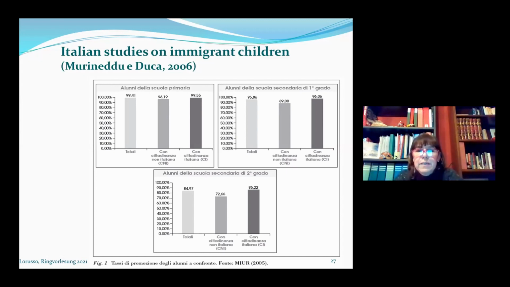You can see that children who have a non-native Italian family have lower levels of success in school. This is in primary school, this is in secondary school, even more discrepant, as you can see.